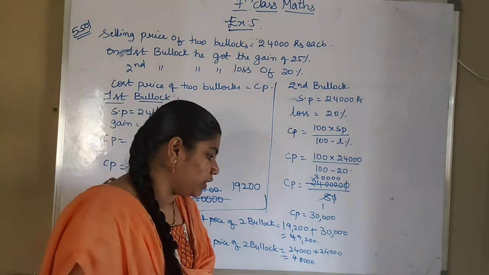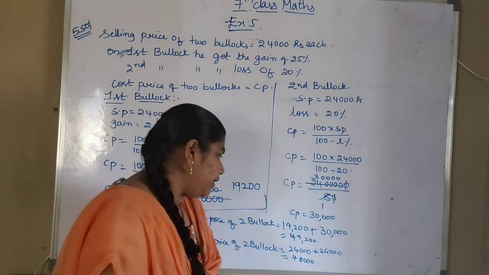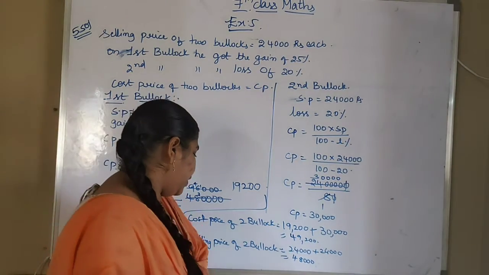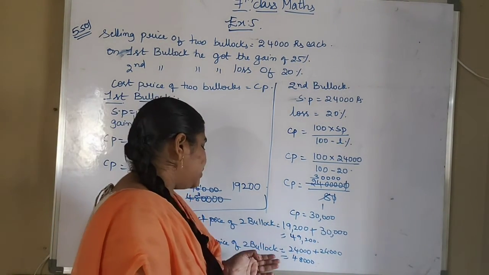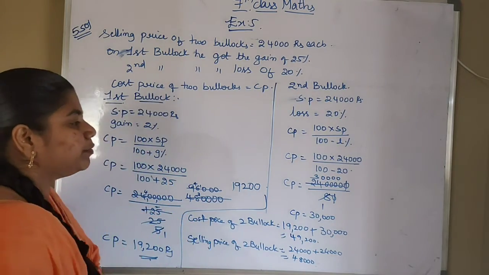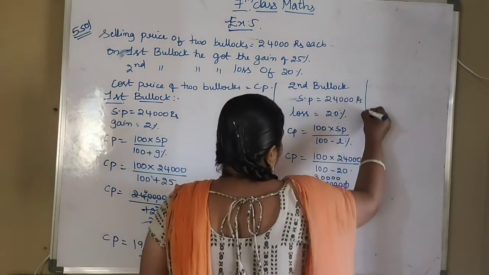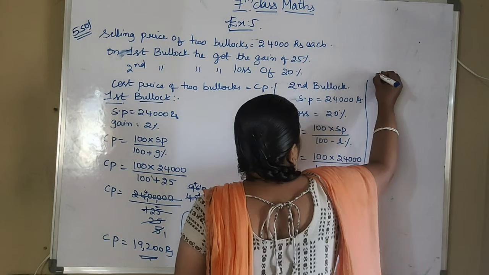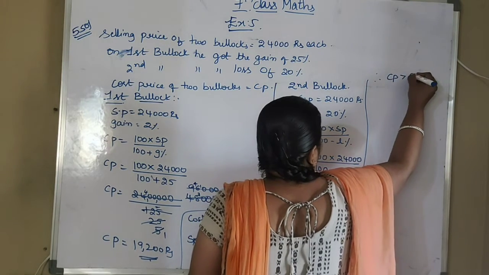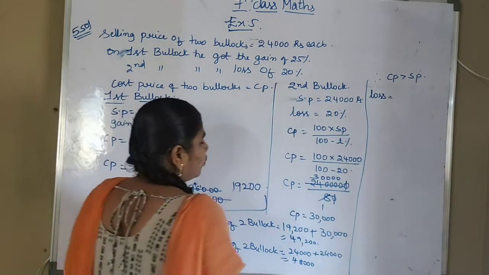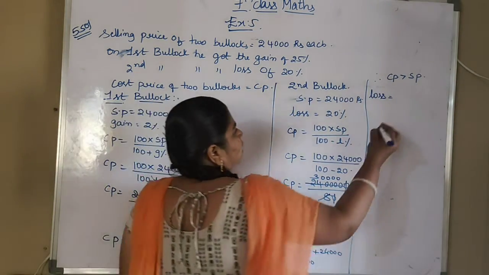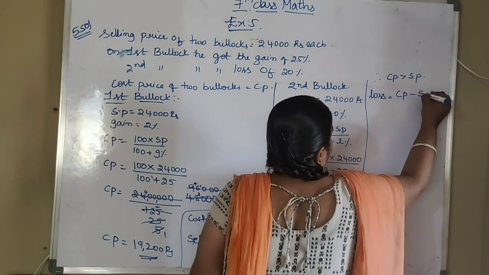Cost price is 49,200, and the selling price is 48,000. Here cost price is greater than selling price. That means it will be a loss. Therefore, here CP is greater than SP, so it will be a loss. So what is the loss formula? That is CP minus SP.